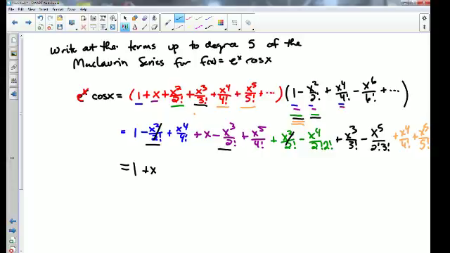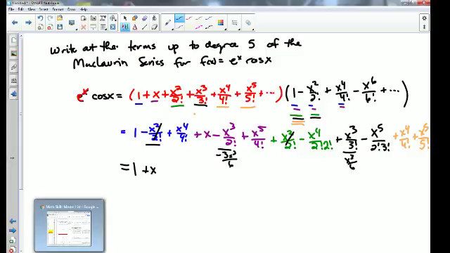Well, I lied. Does it matter that one's 2 factorial instead of 3 factorial? Well, yeah, it's a common denominator of 2 or 6. Right, so this is x cubed over 6. This is negative 3x cubed over 6, right?